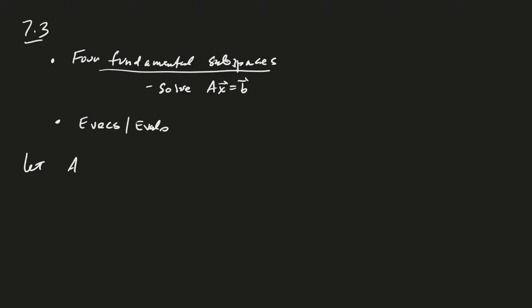Let A be an m by n matrix. Then you can think of the matrix A as a mapping.